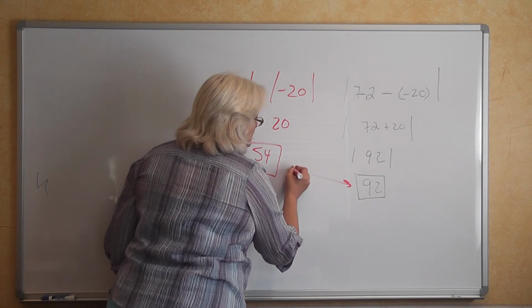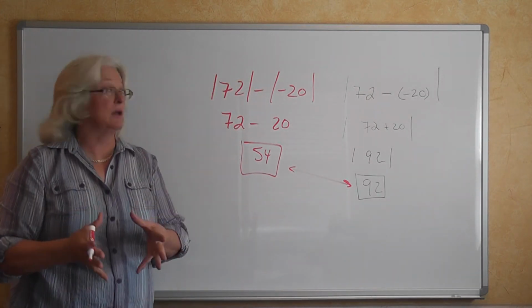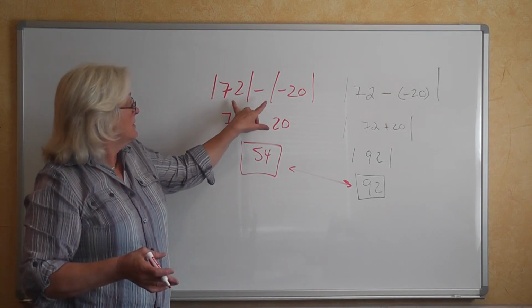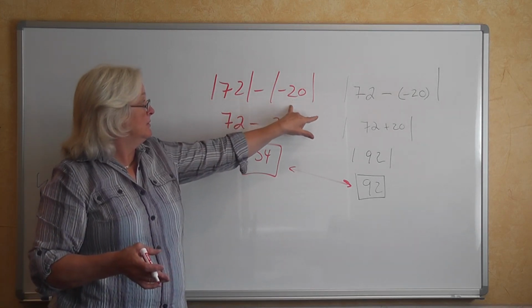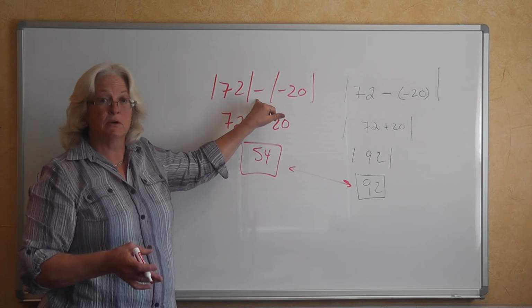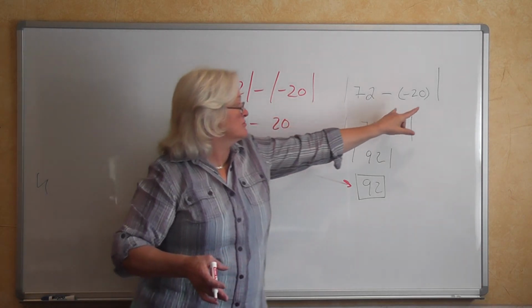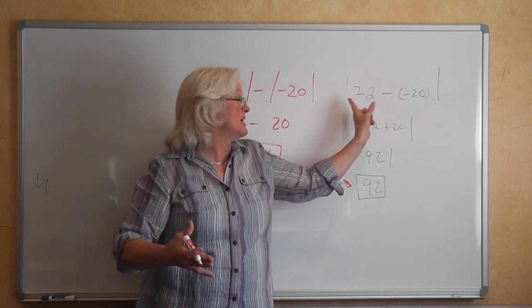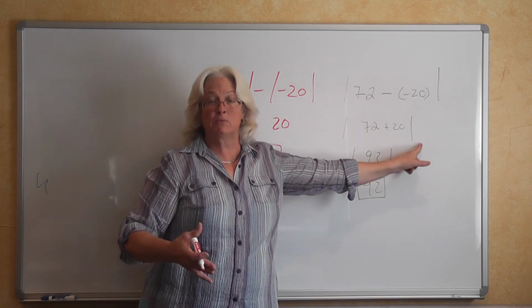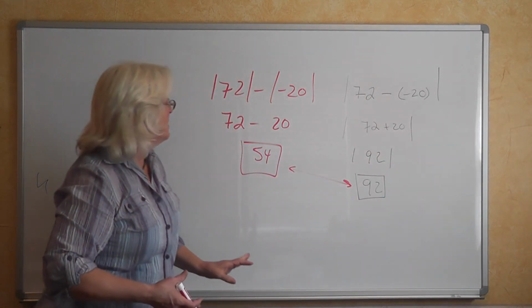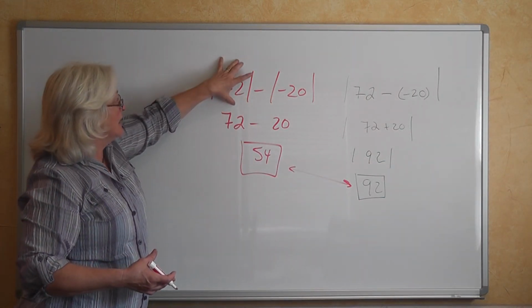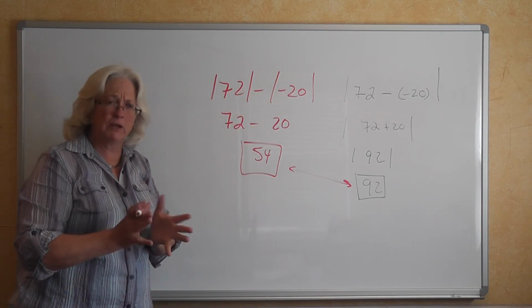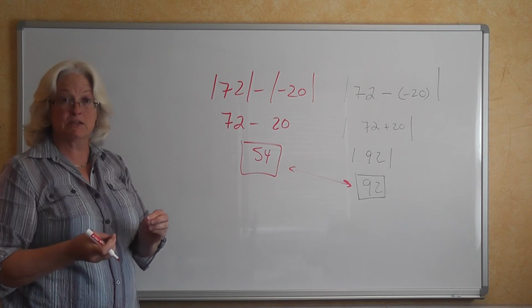This is the difference that I was looking to illustrate to you: the absolute value of a difference. Here, we're taking the difference of two numbers first. We're subtracting two numbers, and then we're finding their absolute value. You get a different answer than if you just subtract two different absolute values. This might be a little bit unclear to you. If it is, that's all right.